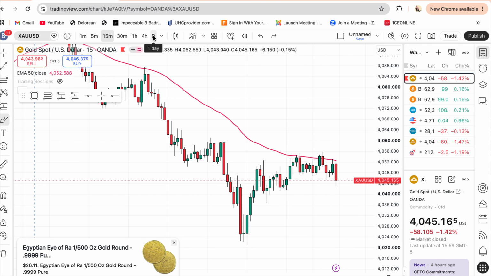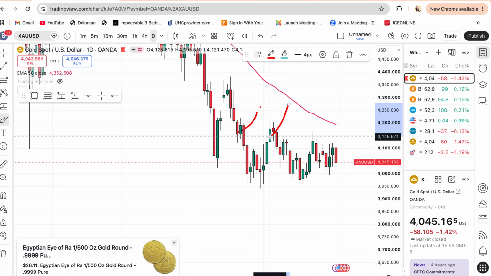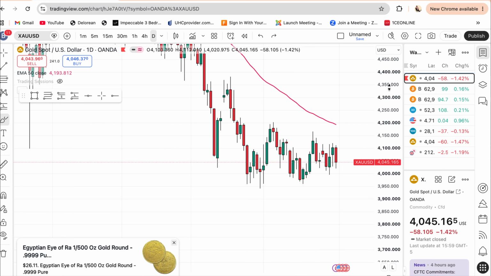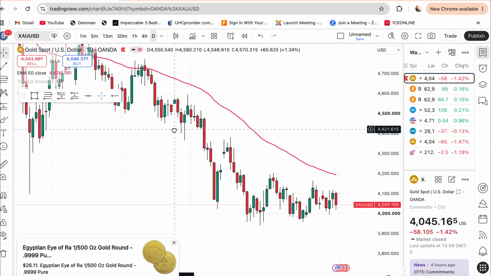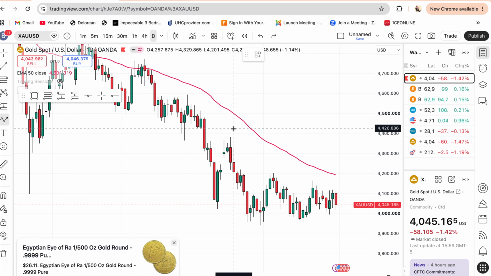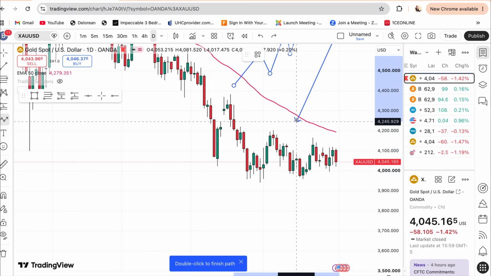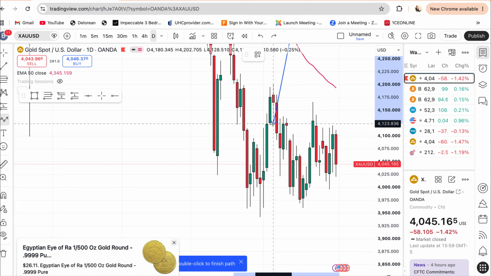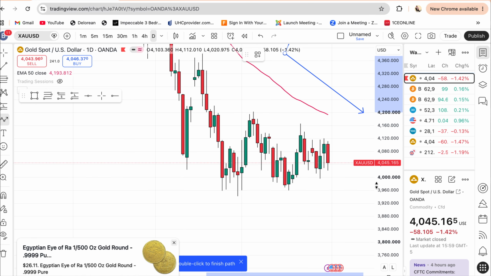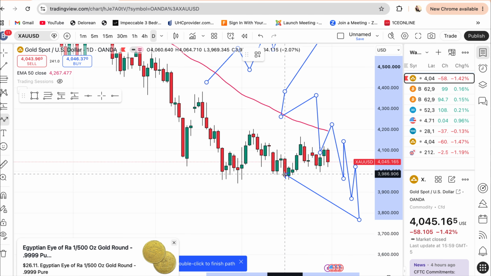Next, we have trend. You're going to want to go to the daily time frame on your charts, the D. You want to see if price is going up and making new highs, or going down and making new lows, like that.